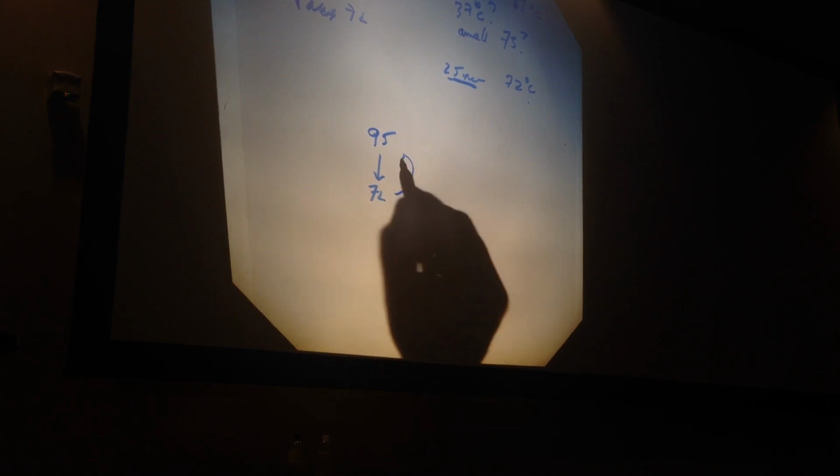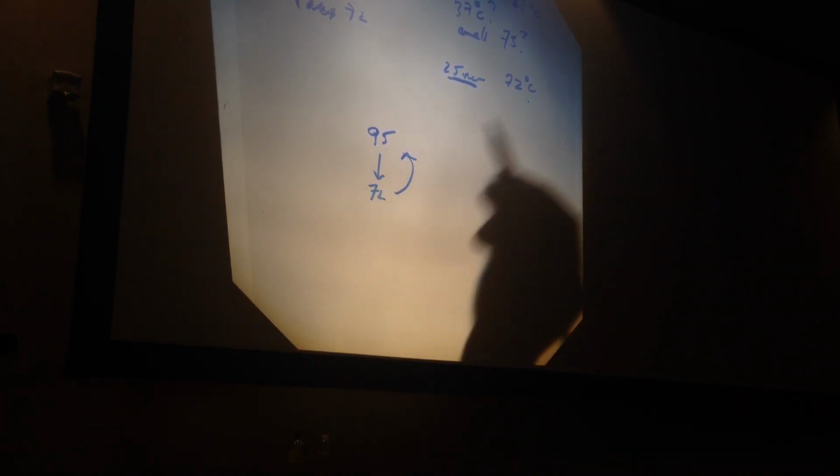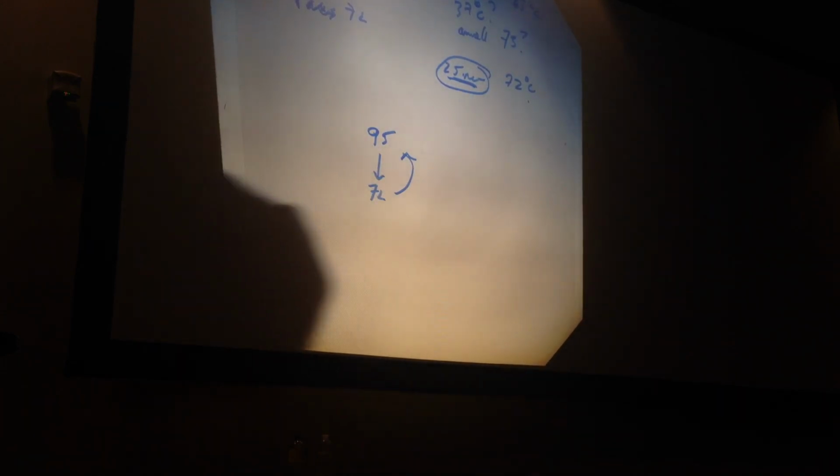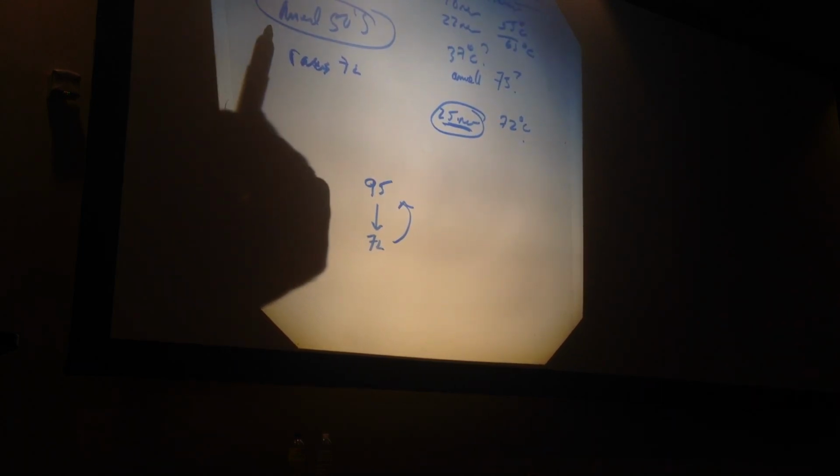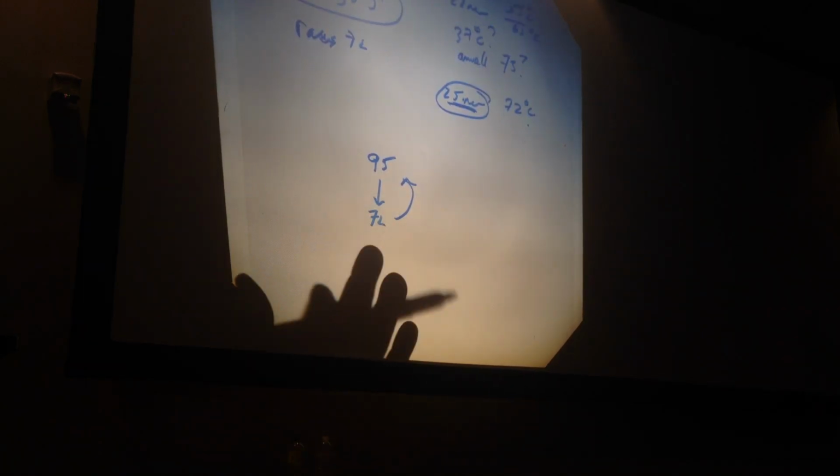You cycle between 95 and 72 because your primer can already anneal since it has enough length, so you don't have to go through a separate annealing phase. It's not as efficient as standard PCR, but it works.